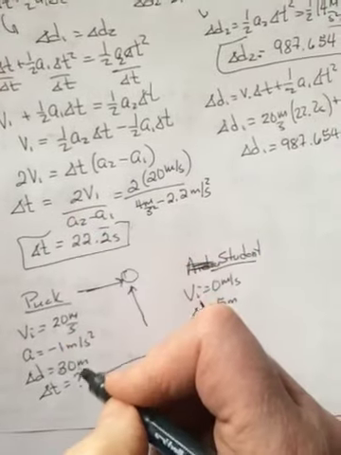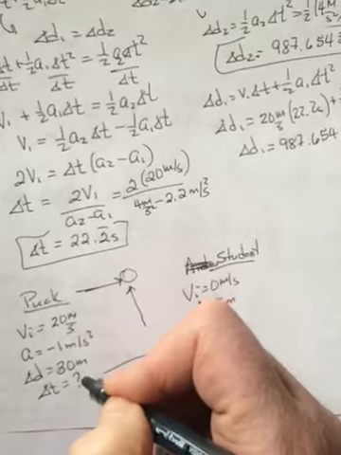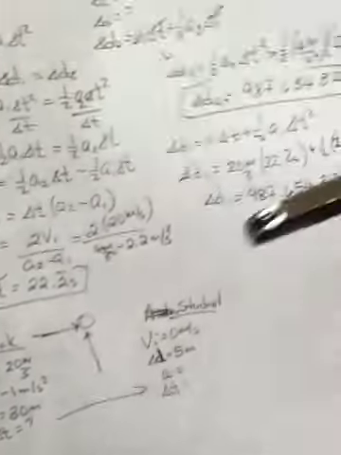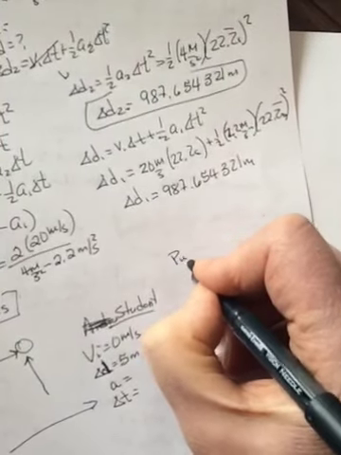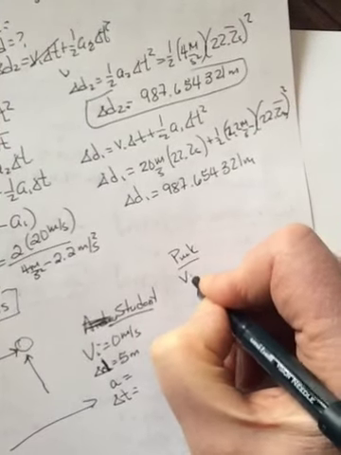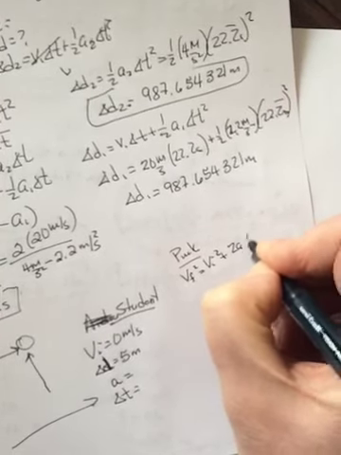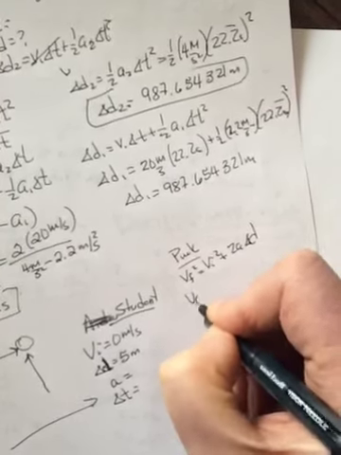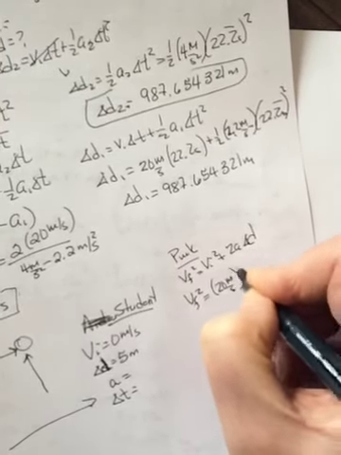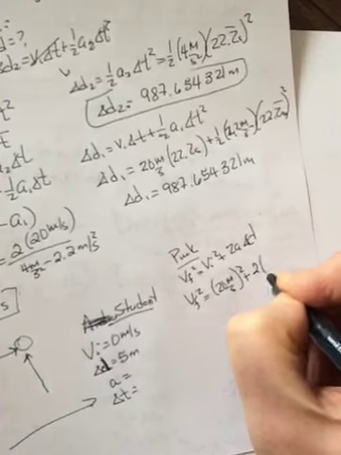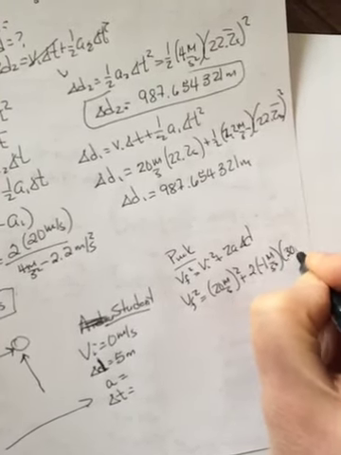Now if you use delta D is equal to VI delta T plus 1/2 A delta T squared here, you're going to get a quadratic. So I would suggest using, for the puck, VF squared equals VI squared plus 2A delta D first, and solve for the VF. So 20 meters per second squared plus 2 times -1 meters per second squared times 30 meters.